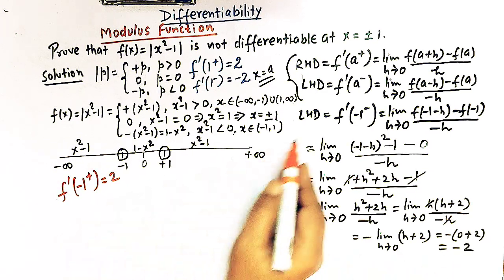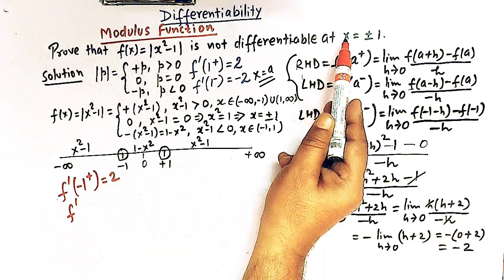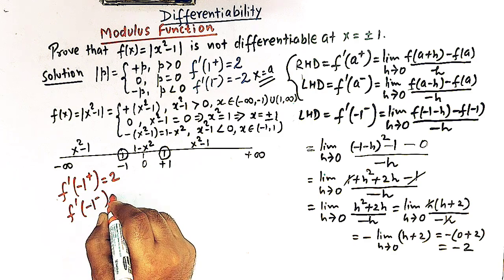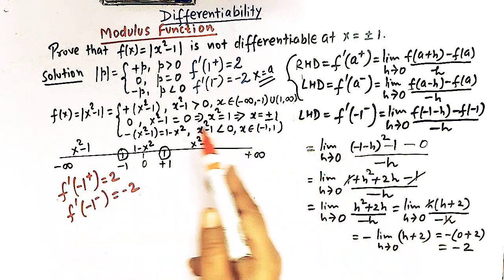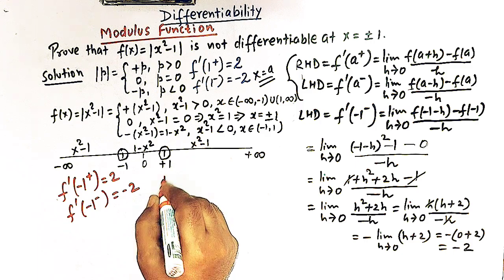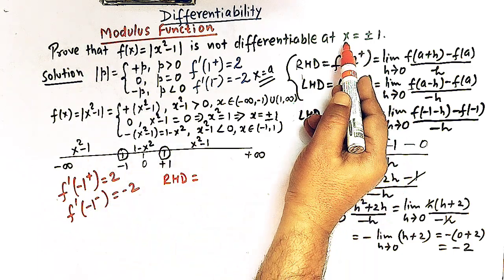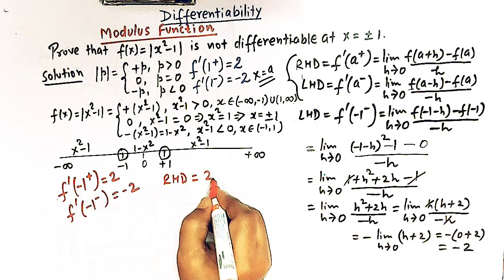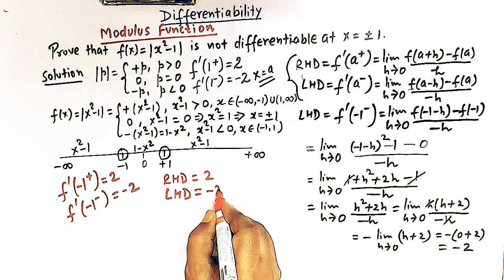So now the left hand derivative of this function at x is equal to minus 1 is given by minus 2, right? So we have now seen that the right hand derivative of this function at x is equal to minus 1 is given by 2, and the left hand derivative is given by minus 2.